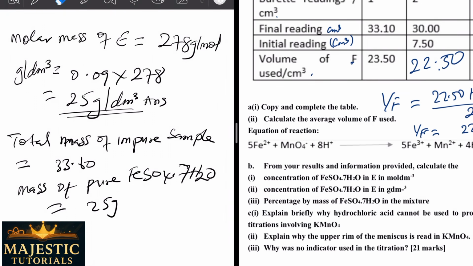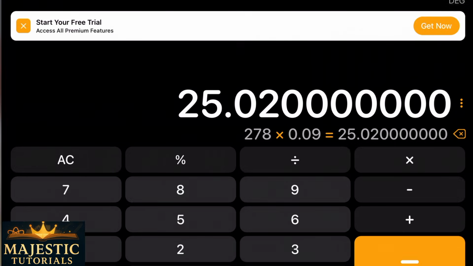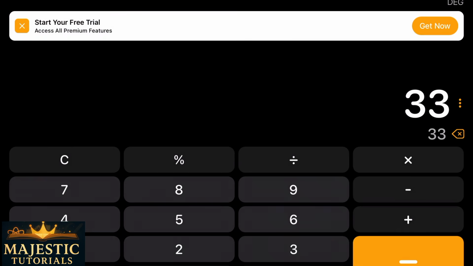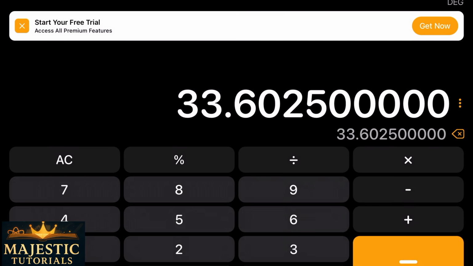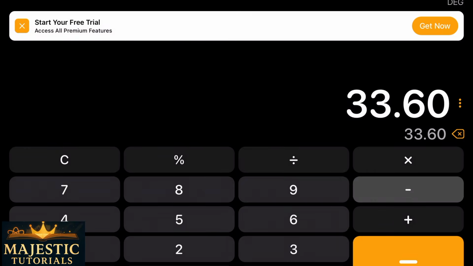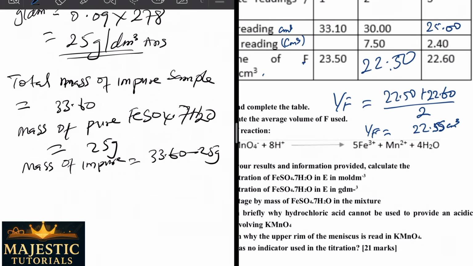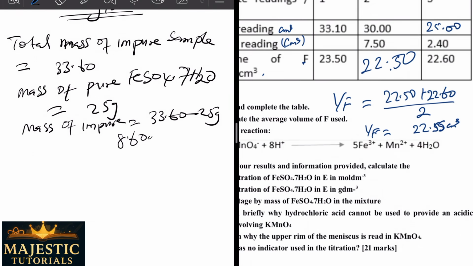Mass of impurity is mass of impure sample minus mass of pure, which is 33.60 minus 25 gram. 33.6 minus 25 is 8.6, that's the mass, 8.60 gram.